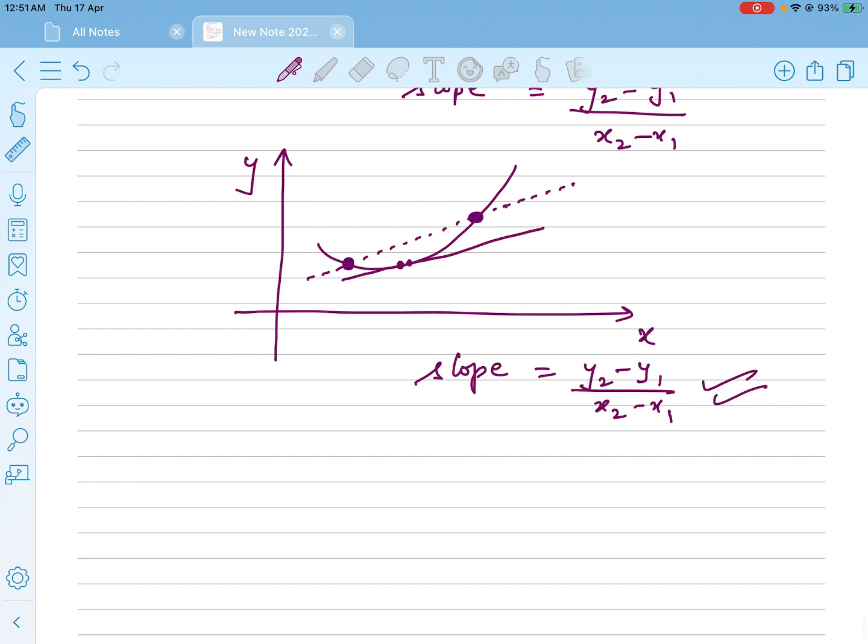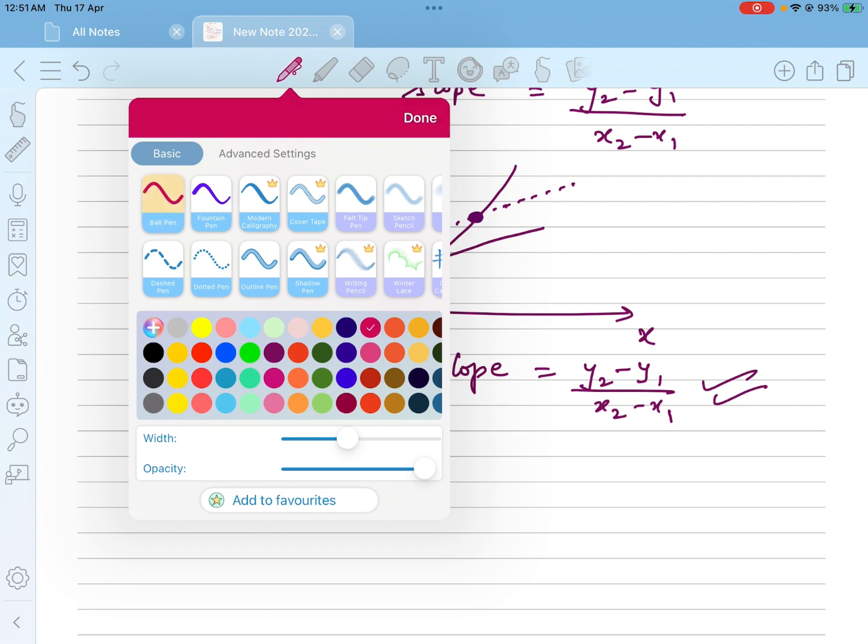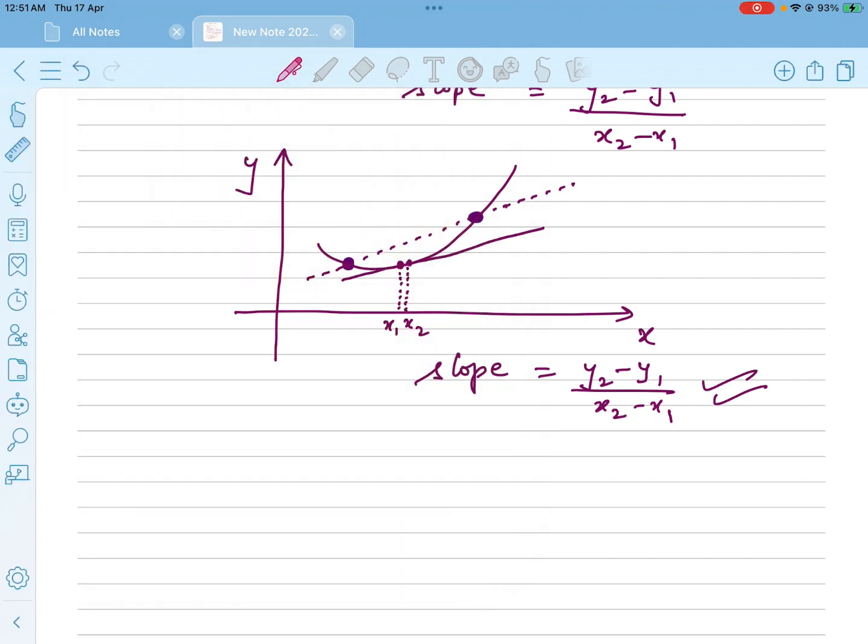So if I do so, as I said just now, y2 and y1 will be very close to each other, similarly x2 and x1 will be very close to each other. Let me just try making it. So this is x1, this is x2. The gap between x1 and x2 is very small. In the same way, if I try making the points y1 and y2, they will be somewhere here, and the other point will be very close to it.